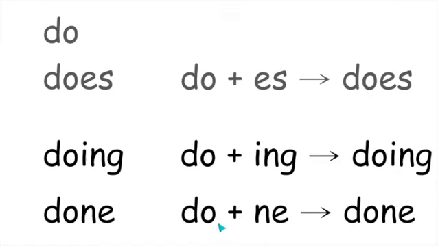But when we say do plus NE is done, it makes our brains go, wait, what was that? That doesn't make any sense. But if I just say DO plus NE is rewritten as DONE, done, then maybe our brains are a little less confused.